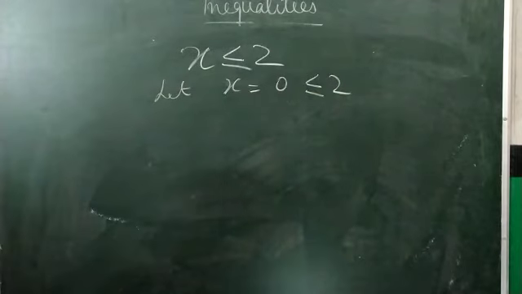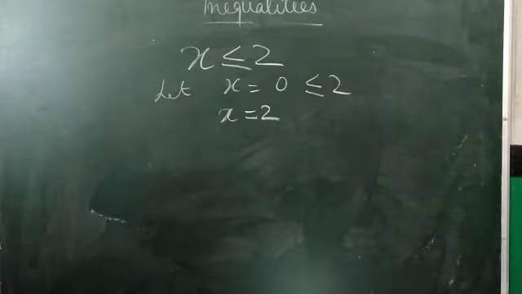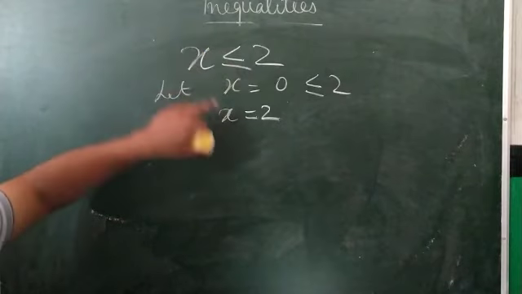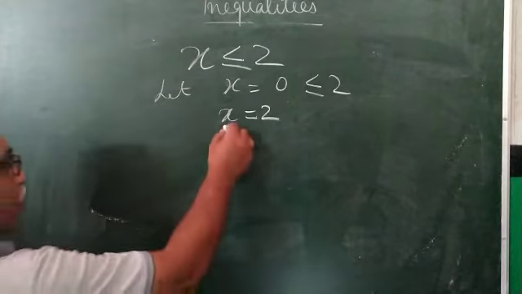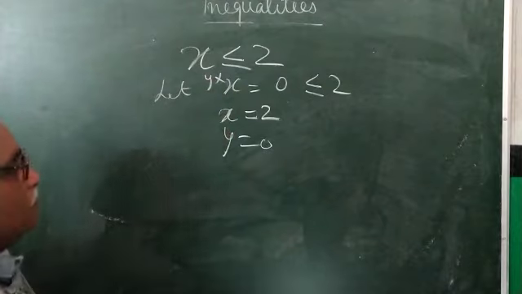But what we have to take is x equal to 2. We removed the smaller-than sign and put the standard equation, so it becomes x is equal to 2, but here y is equal to 0 because there is no y here.